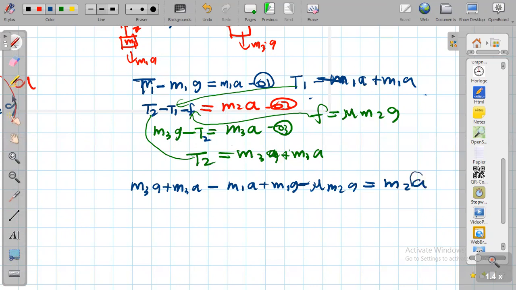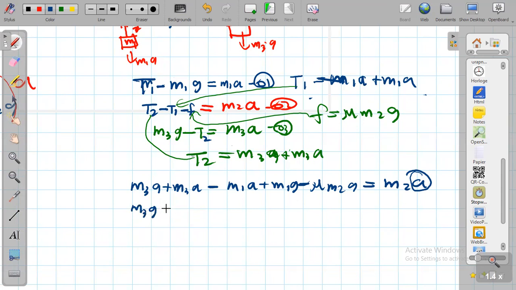Right. I need to find out the acceleration factor here. I have to get all the acceleration factors to one side.